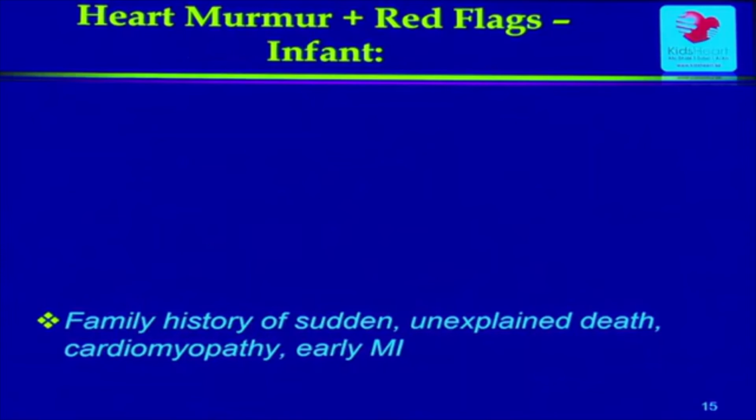And I want you to remember this. Family history. Family history is probably the most important for detection, not your stethoscope, not your ECG, not your echo, not whatever. The most important thing is to ask about family history, because that's what will save lives, for you and for patients, especially when we talk about sudden cardiac death.